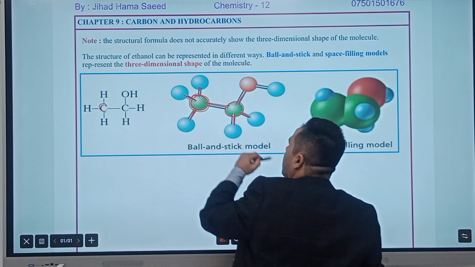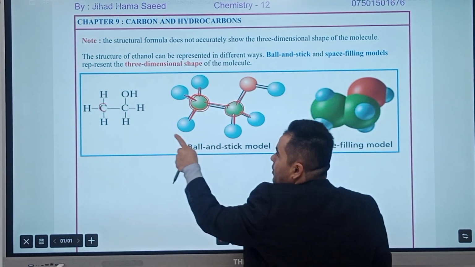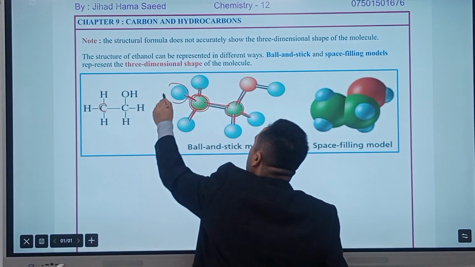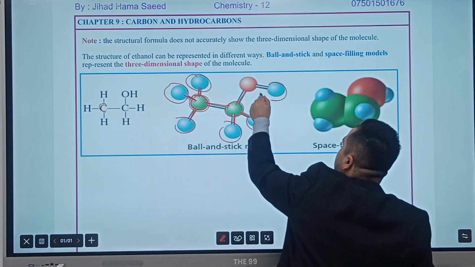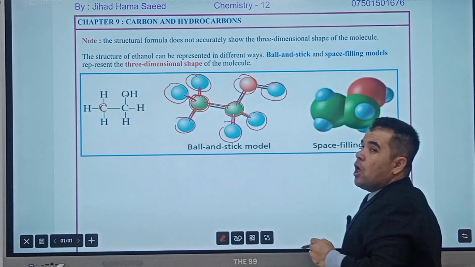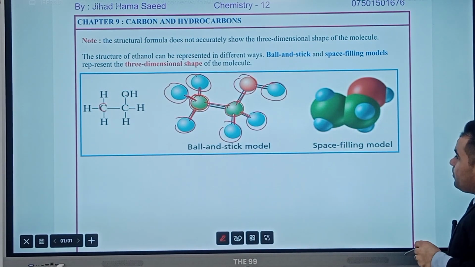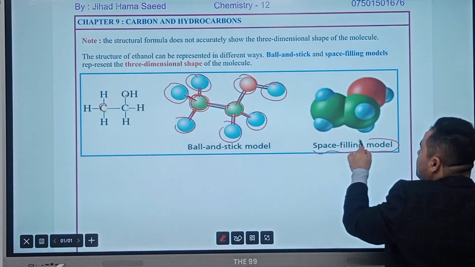For example, here we have a carbon. The green ball is carbon. We have two green balls, and then three hydrogens. The blue balls are the three hydrogens. Here we have three hydrogens as well, and the oxygen is represented by the red ball. And another model, the space filling model.